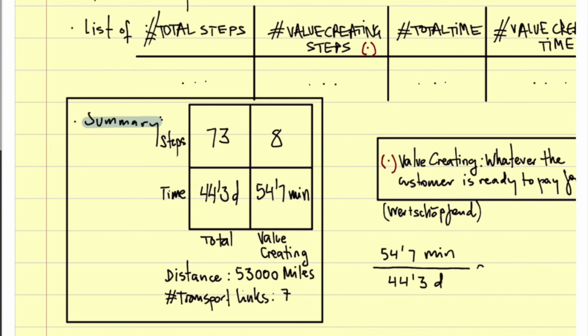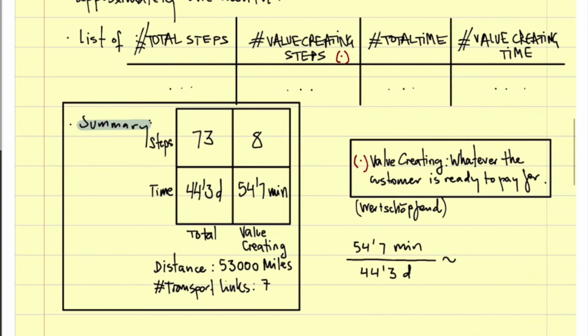This is approximately 1 hour, so 1 divided by 24 days, divided by 44.3 days, and this equals 1 divided by 24 times 44.3, approximately 1 divided by 1,000.